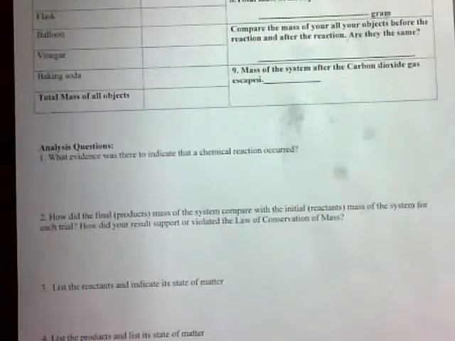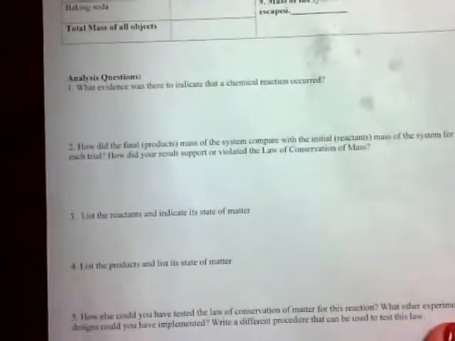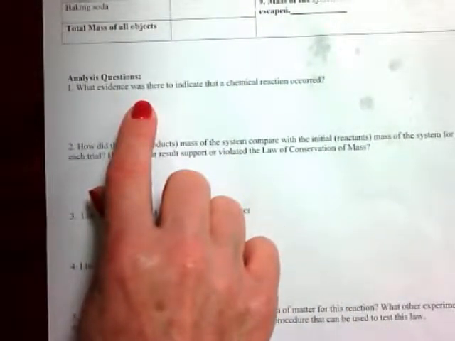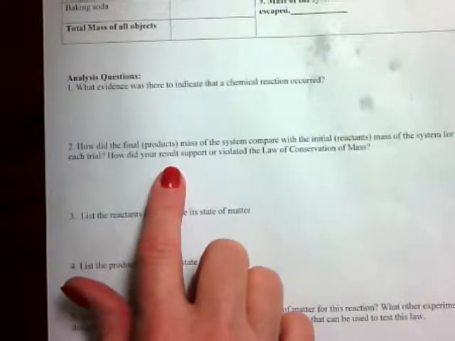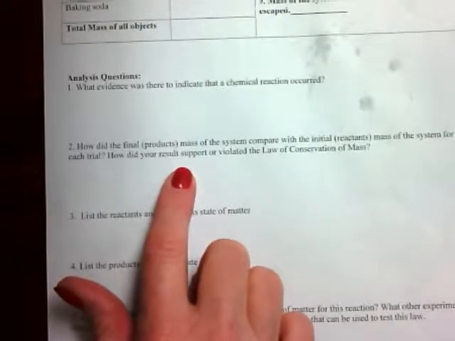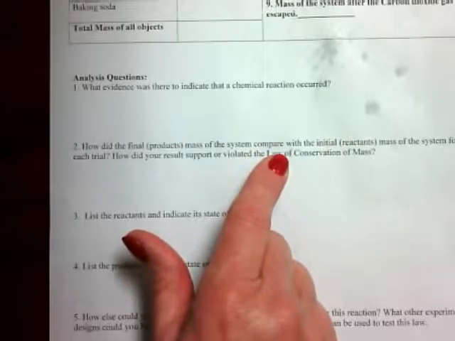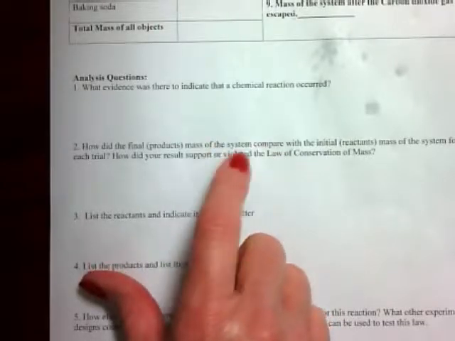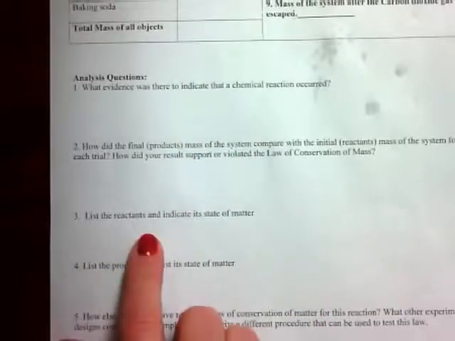What you need to do at this point is answer your questions, and that would be submitted to me. Remember the evidence that I talked about when the reaction occurred. If there were problems, you need to tell me why it didn't support the law of conservation of mass, or if it did support it, tell me that.